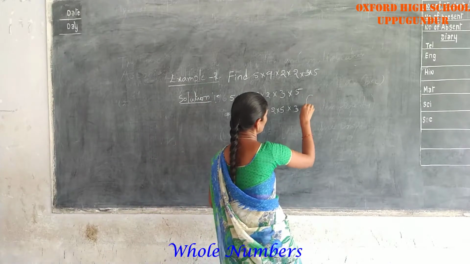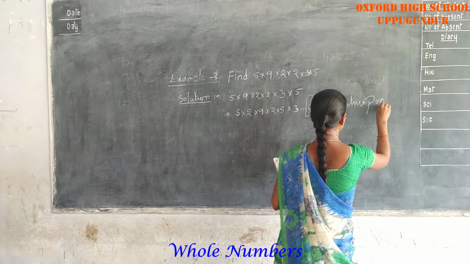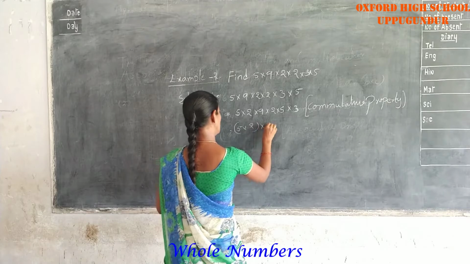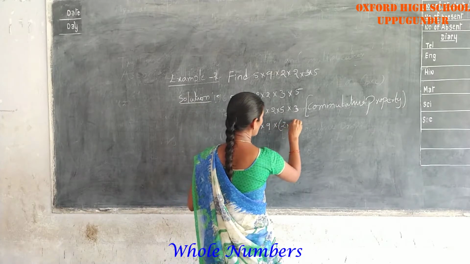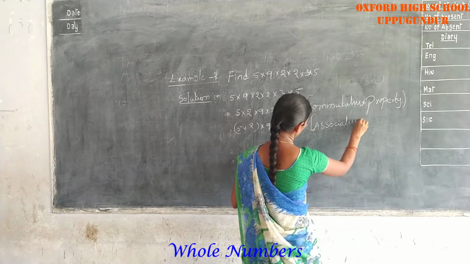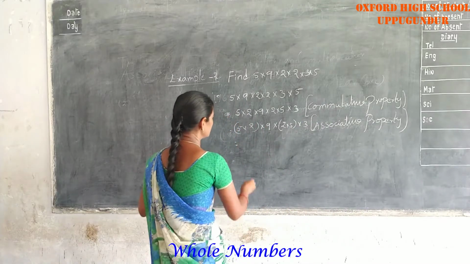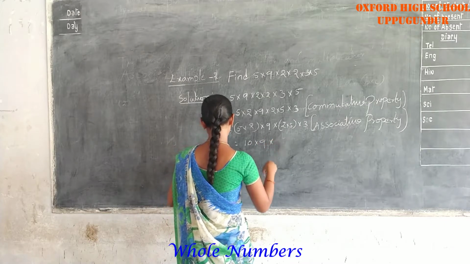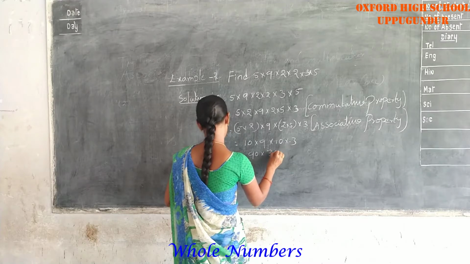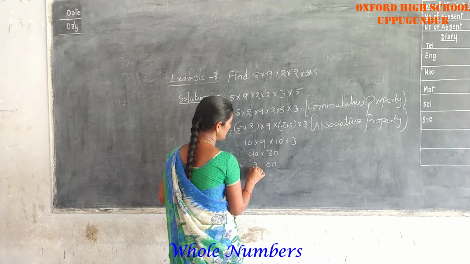This is commutative property. Then associative property: 5 twos are 10, into 9, into 5 twos are 10, into 3. 10 nines are 90, into 10 threes are 30. Already there are zeros in the multiplications, so zeros on this side. 9 threes are 27.